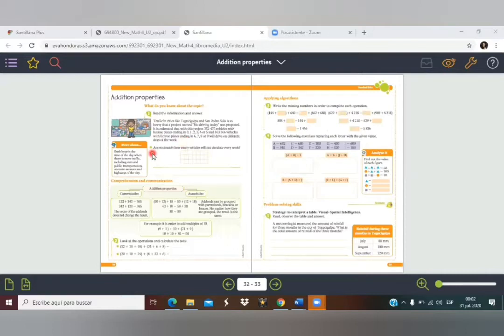Here, the first exercise says, approximately how many vehicles will not circulate every week?